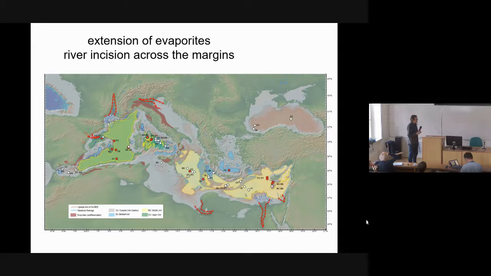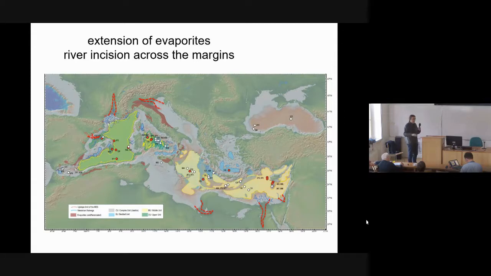About the erosion, this map is showing one of the features that are commonly studied related to the Messinian sea level drawdown in the Mediterranean, which are these valleys excavated during the lowering of the sea level.